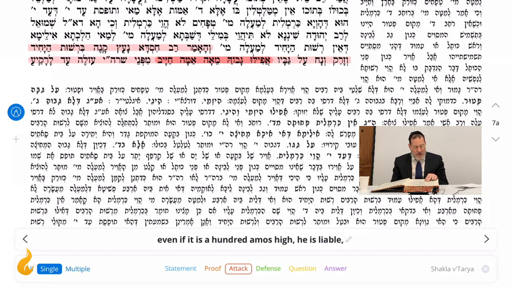Why are you chayav? Because the pole is inserted in a Reshus HaYachid, unlike the din of a Reshus HaRabim that only goes up 10 tefachim. Reshus HaYachid olah ad larakia. So therefore, even above 10 tefachim, it has a din of a Reshus HaYachid.